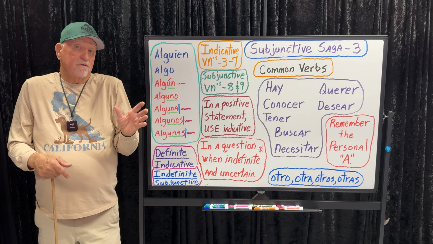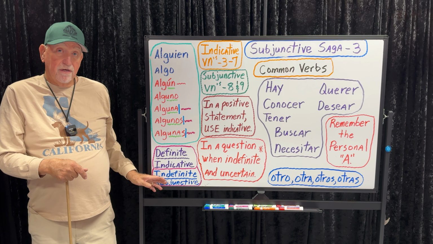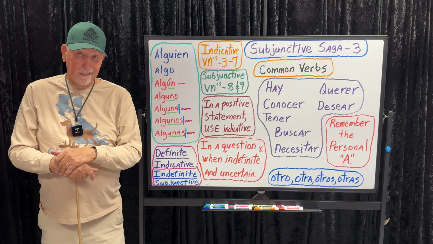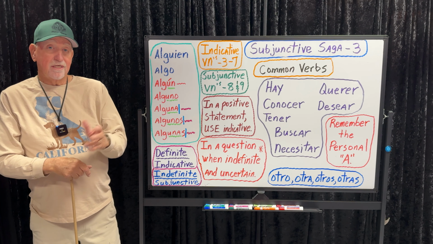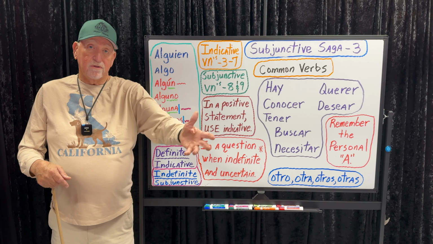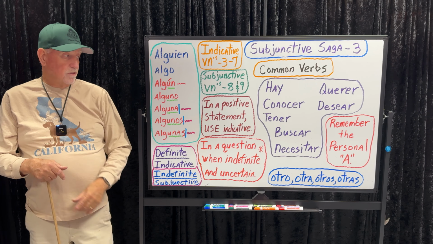You don't know if there's a room open at that time, so you have to say it's uncertain, it's indefinite. You're going to go present subjunctive. ¿Tiene usted un cuarto que tenga vista al mar? Then the clerk says, claro que sí, of course. Tenemos varios cuartos que tienen vista al mar. We have many rooms that have an ocean view.